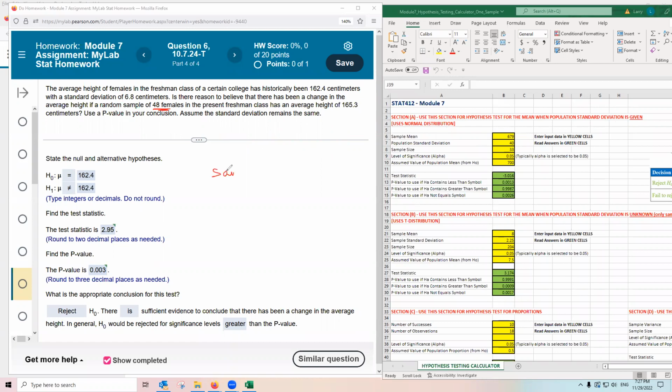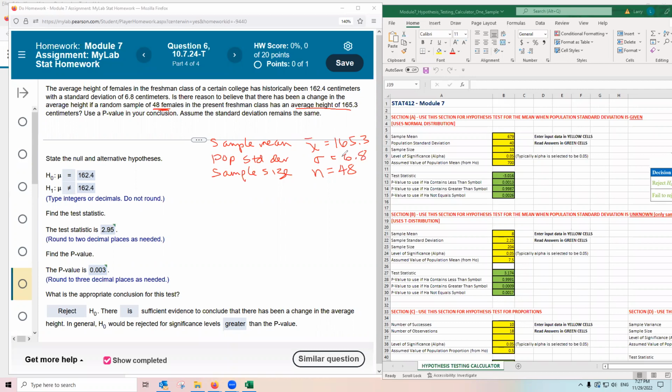So the sample size here is 48. We write that as N. So N is 48. The average height was 165.3. That's the sample mean. We write that as X bar. And we're going to use the population standard deviation. We write that as sigma. Population standard deviation is 6.8.